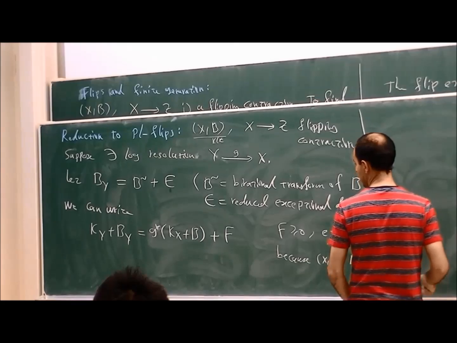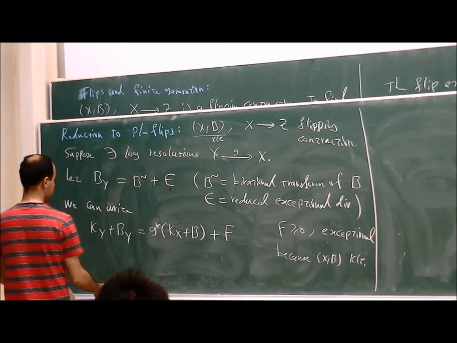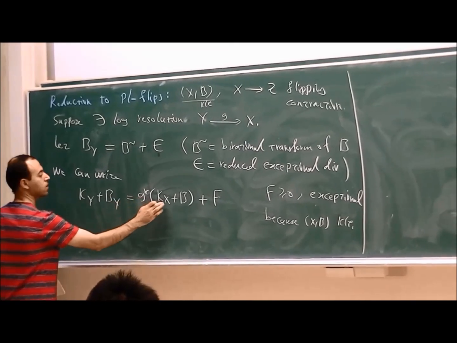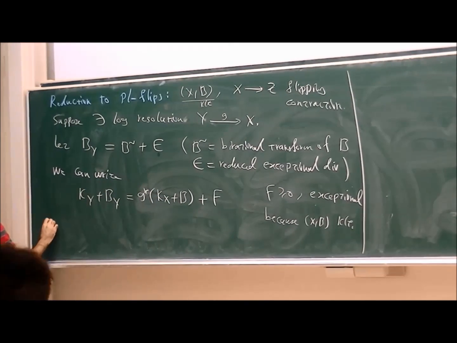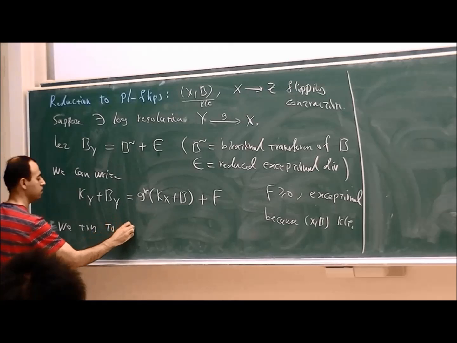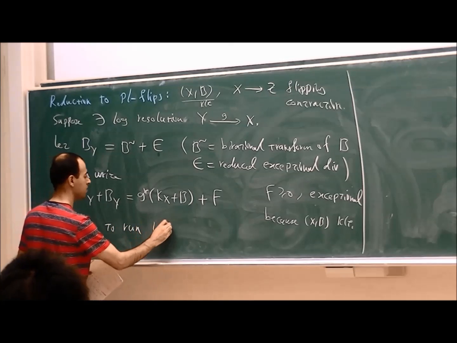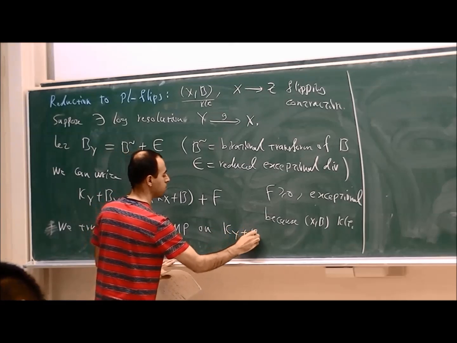We write this formula, and now we try to run a program not on K_X plus B originally, but we try to run a minimal model program on K_Y plus B_Y.